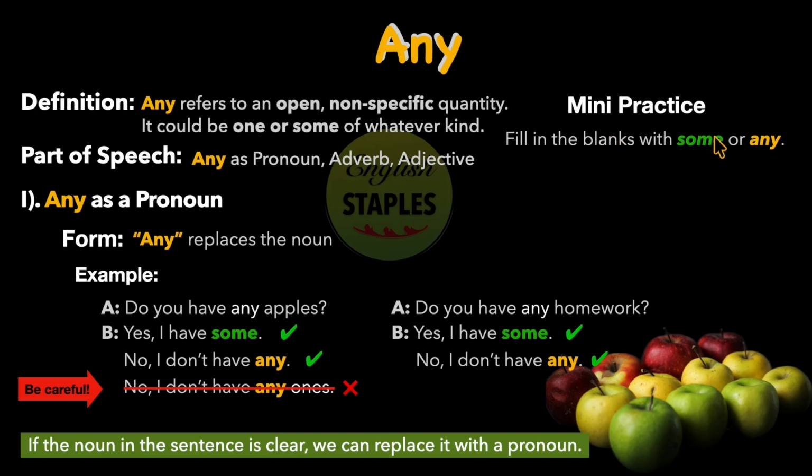Let's move on to our mini practice. Fill in the blanks with some or any. Do you have any water? Yes, I have. What would you say? If you said some, I agree.